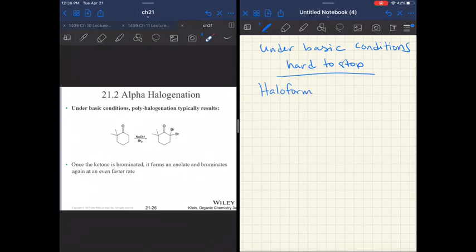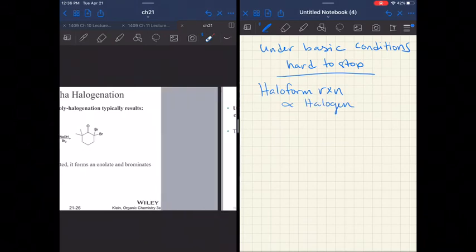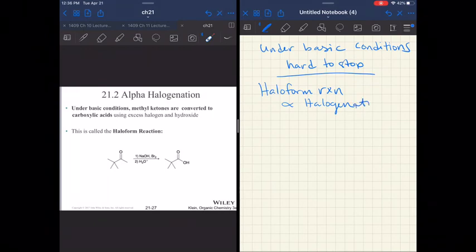So what I want you to know is the haloform reaction. So it is alpha-halogenation under basic conditions, right? And what is it useful for?